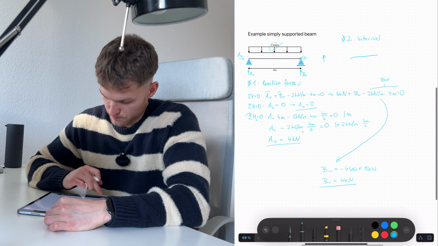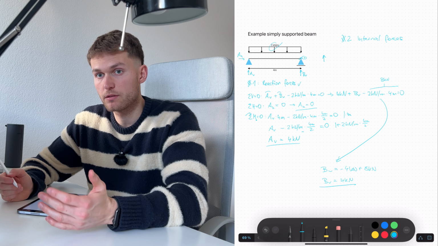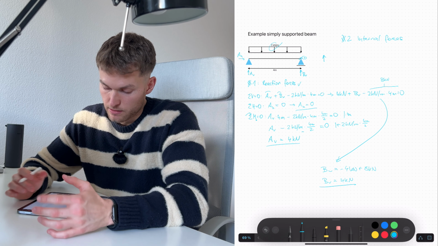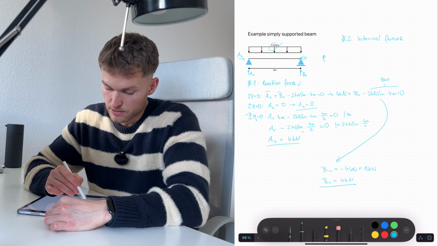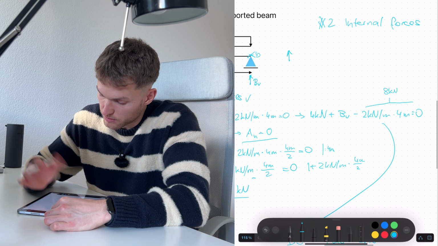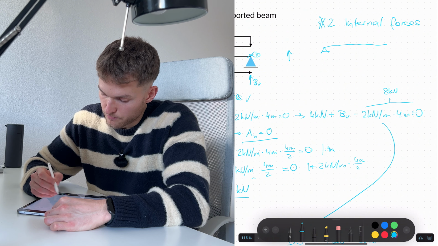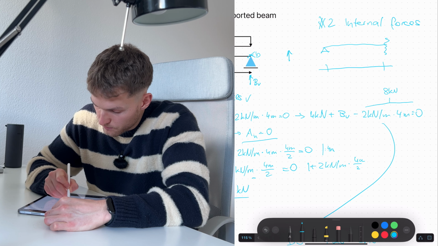Such as bending moments, shear forces, axial forces, and again with the equilibrium equations. Let's do it for this beam. We say internal forces. We have our beam. We do a cut here at 2 meters.